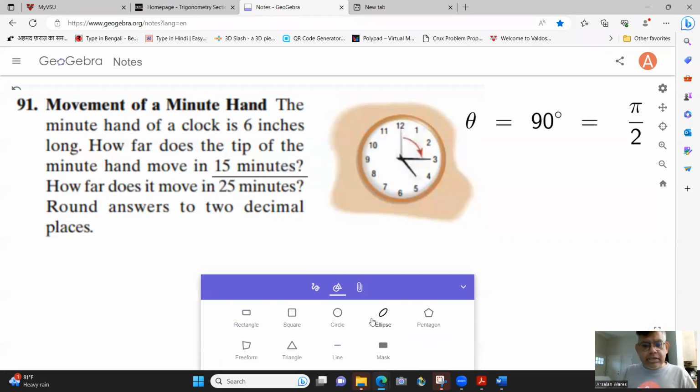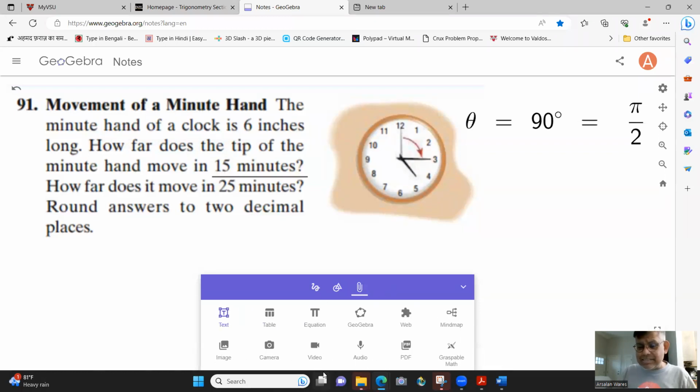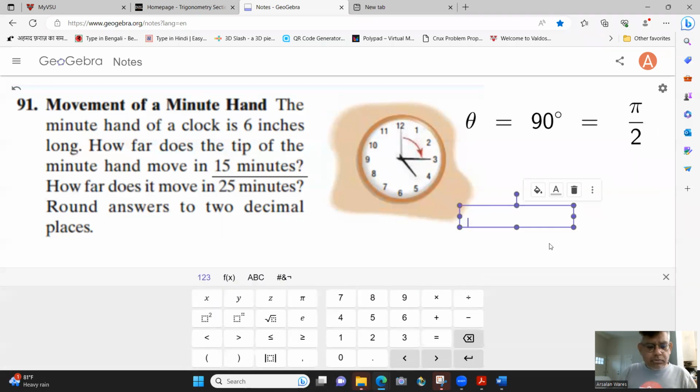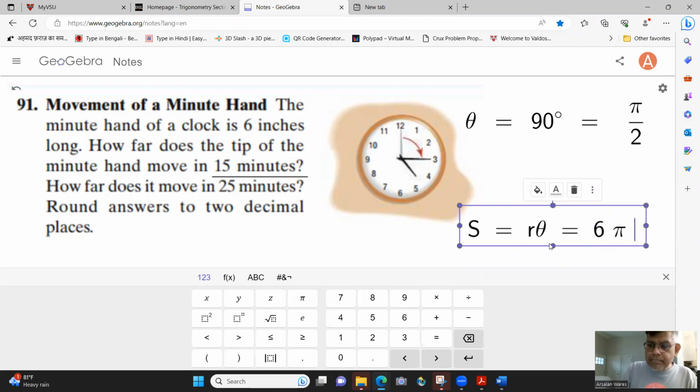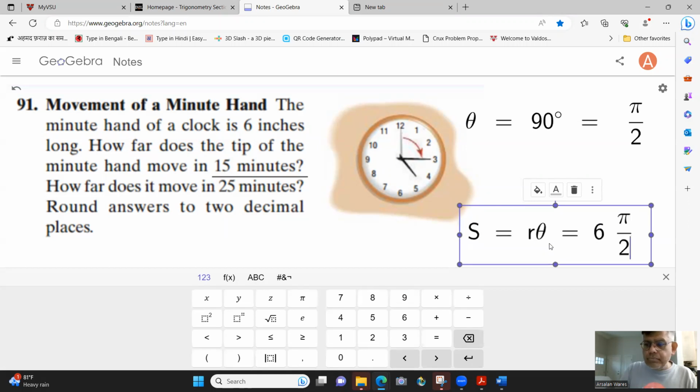All right, guys, very easy. You remember, you're talking about the tip and that's the arc length. You're going to use the S formula, and the S formula is S is equal to R theta. R is 6 inches. The question says so. And theta is pi over 2.